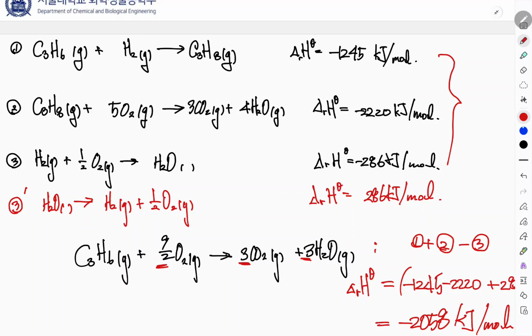Another example is the formation of CO2 from graphite.